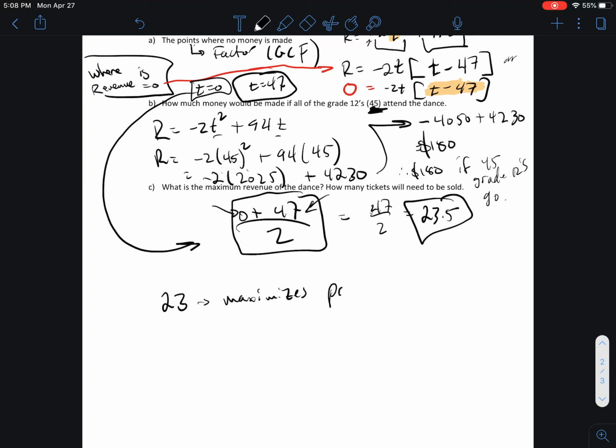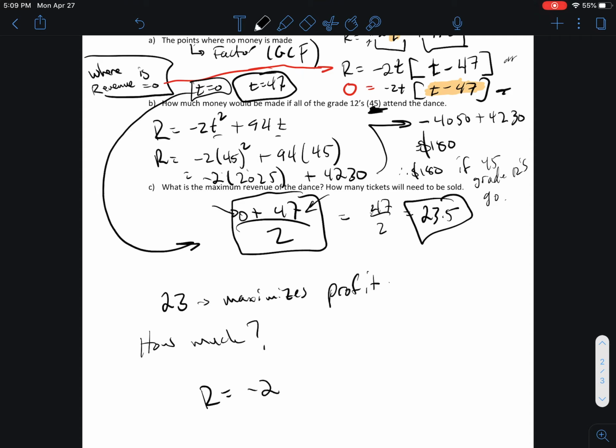So 23 tickets maximizes the profit. How much is that profit? Is the next question.